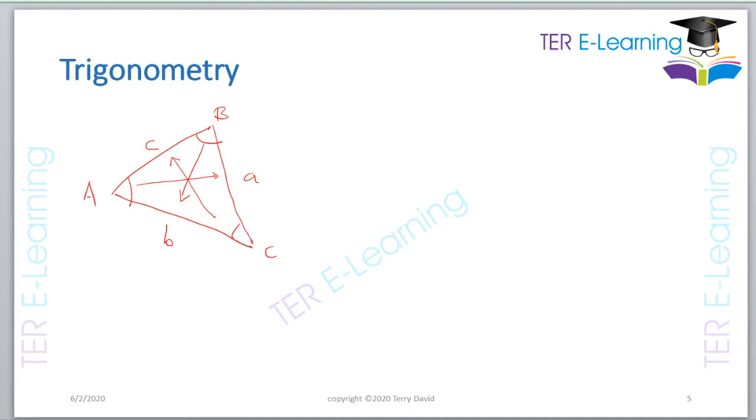Right, so Shirish is saying 180 degrees. That is correct. So when we add up A plus B plus C, we're going to get 180 degrees, right?